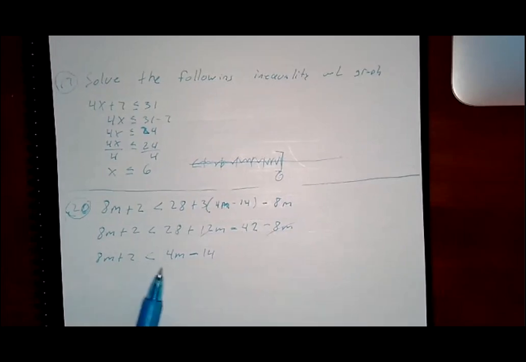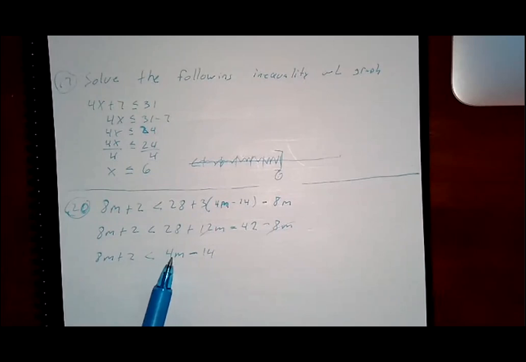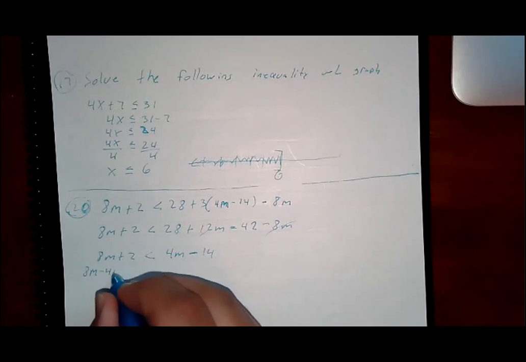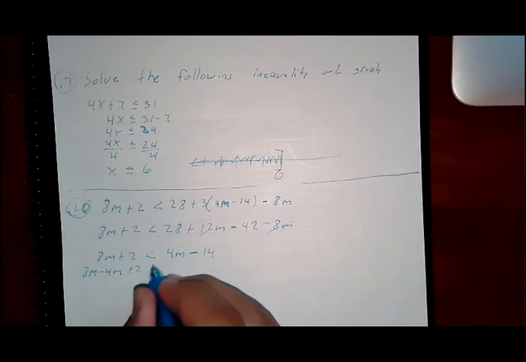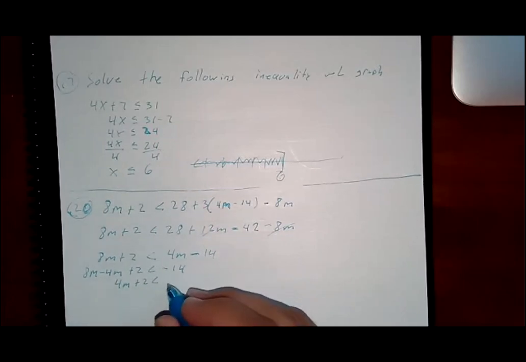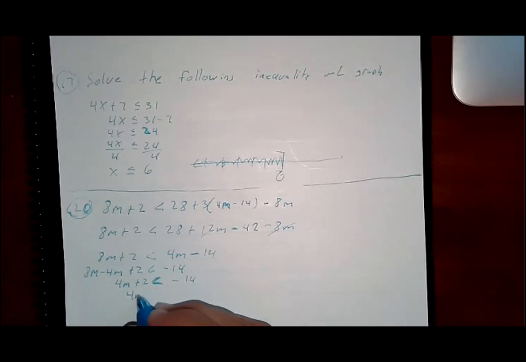So now we just move everything. Again, I advise moving this to the left, moving the numbers to the right, and then we'll go from there. So subtract the 4 over here. That'll be 4m plus 2. And then subtract the 2 over there.